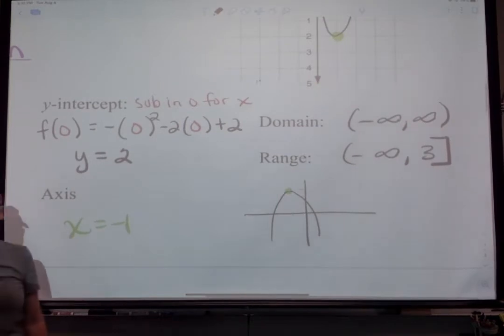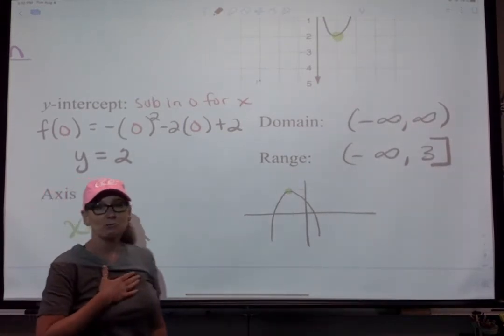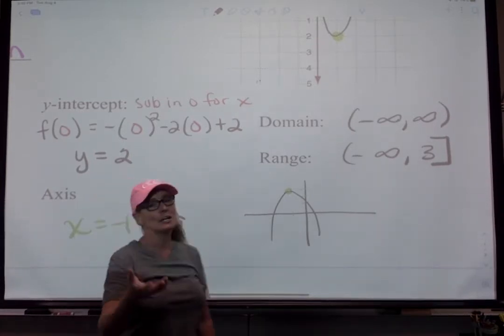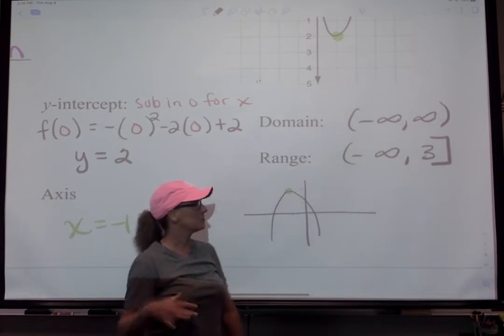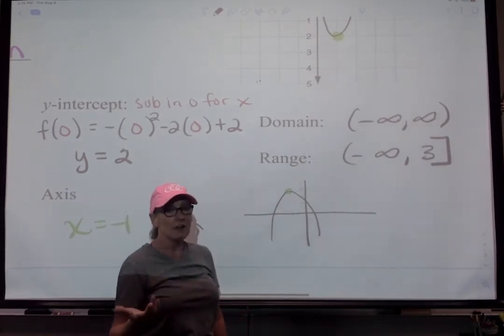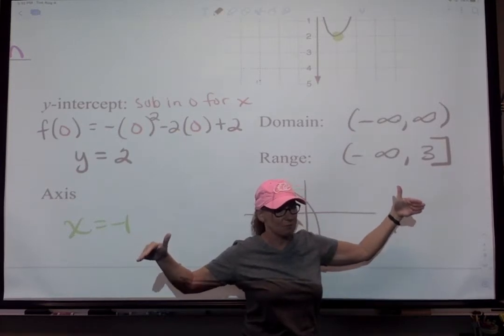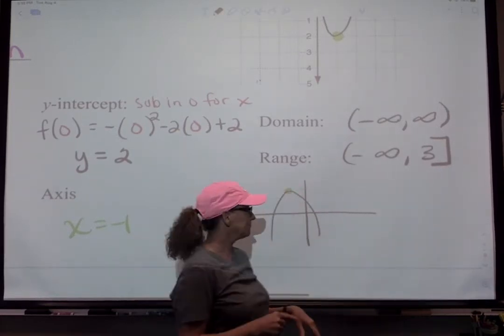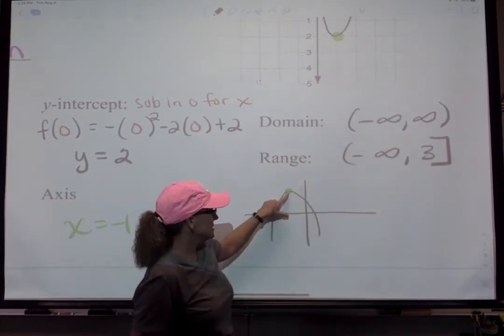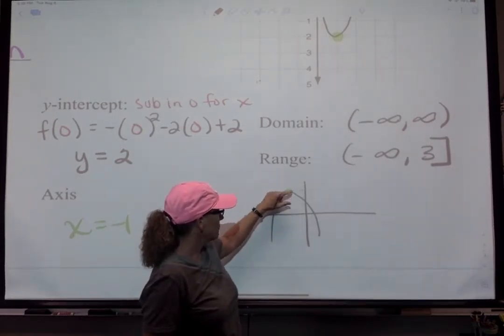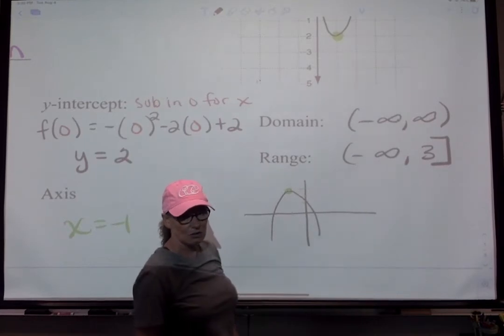Oh, look. And then it asks me for domain and range without a picture. You know what I did? I drew a picture. Well, I didn't need a picture for domain. You shouldn't need a picture for domain. It's a quadratic. The domain of a quadratic is always all real numbers. Range, you need a picture. So I just did a real quick sketch. The vertex is at (-1, 3) and it opens down.